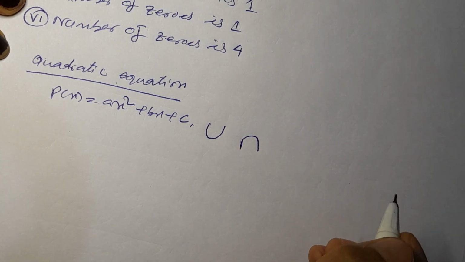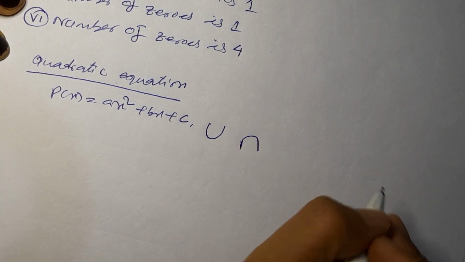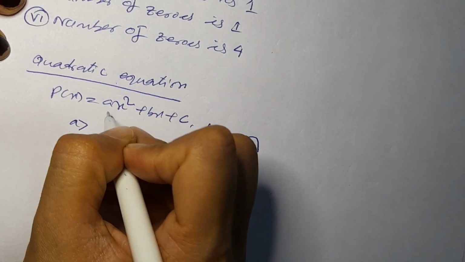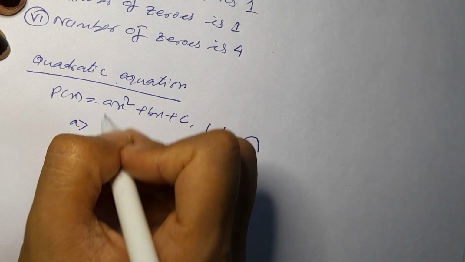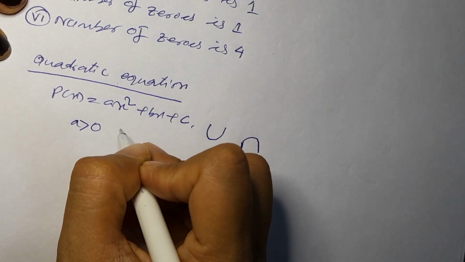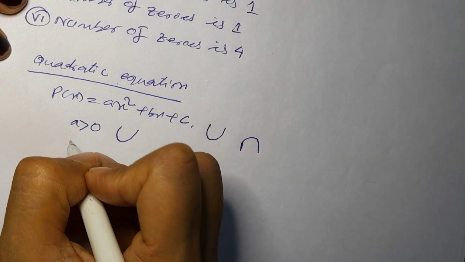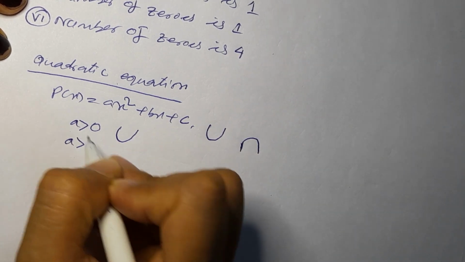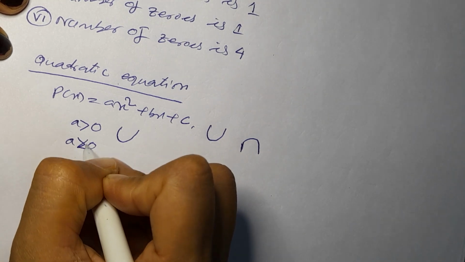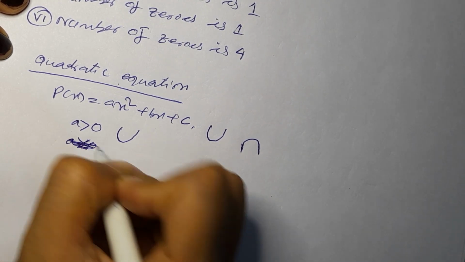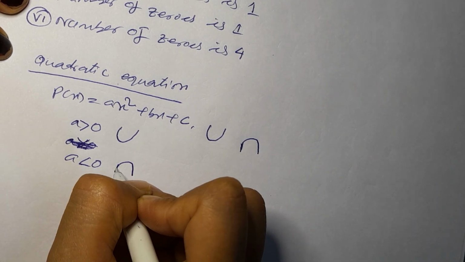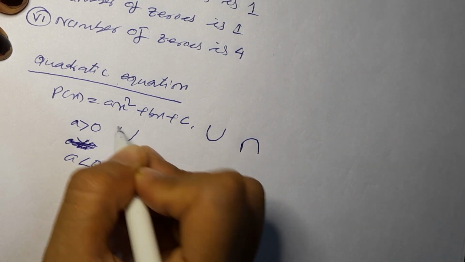When will it be upward and when downward? When a is greater than 0, meaning a is positive, it will be upward. When a is less than 0, meaning a is negative, the parabolic shape will be downward.